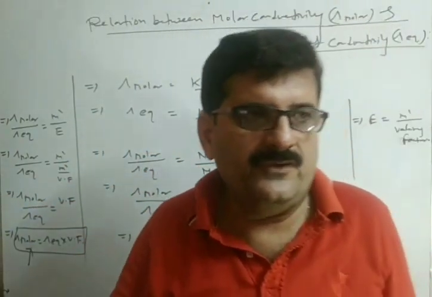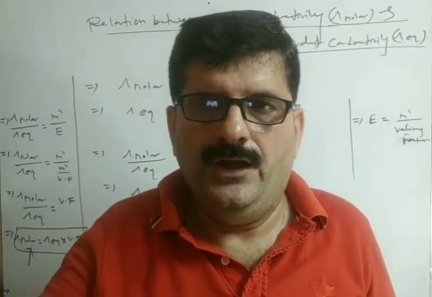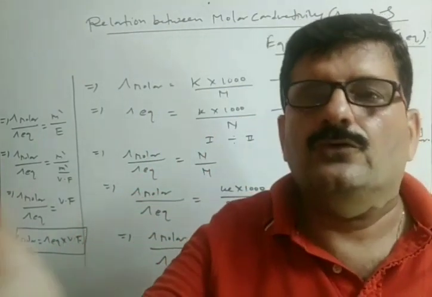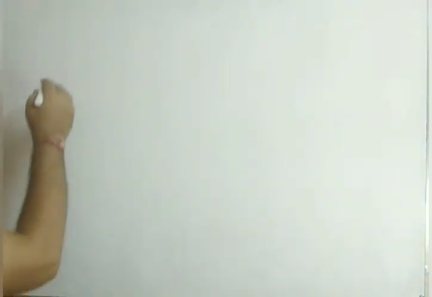So with the help of this expression, molar conductivity is converted into equivalent conductivity, and equivalent conductivity is also converted into what? Molar conductivity. Some important points must be remembered.